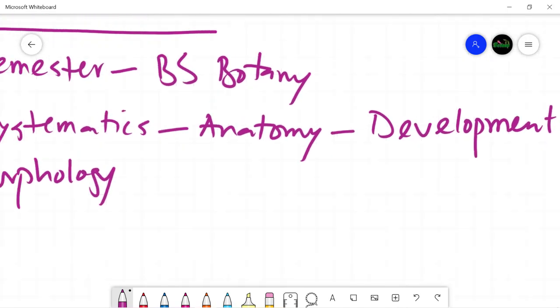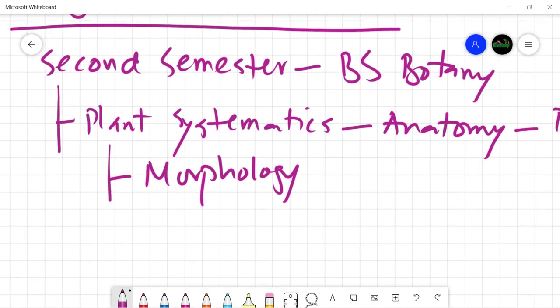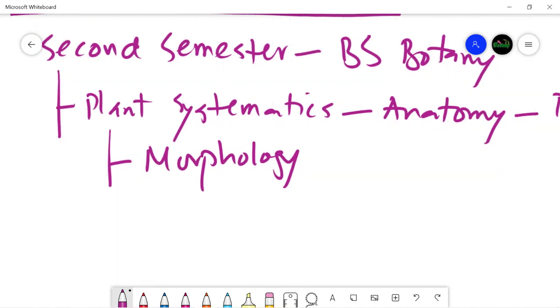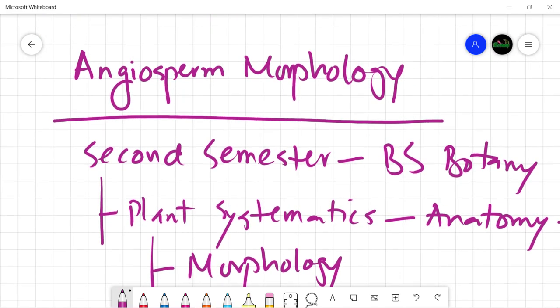So this entire paper is dedicated to this course. The second semester of BS Botany is dedicated to angiosperms. And this particular course is about the morphology of angiosperms, as the title says here.